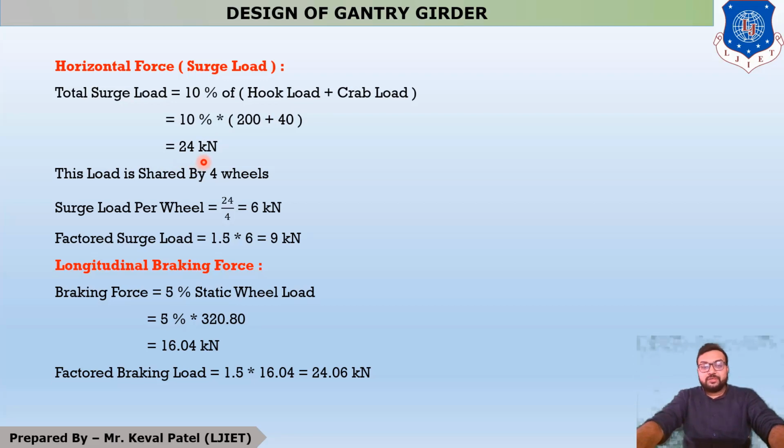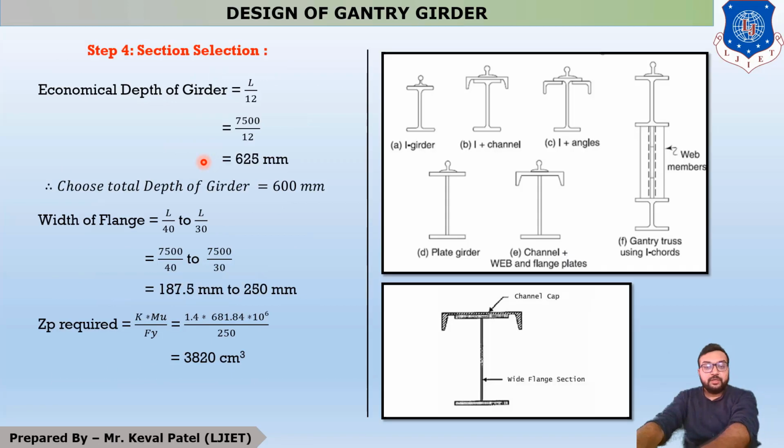Okay, so students, this is the revision of our last lecture. Now in the last lecture, it is also discussed that there are a number of sections provided in the market, such as only I girder, and on I girder the top flange is with the rail section.